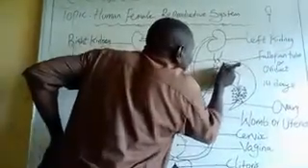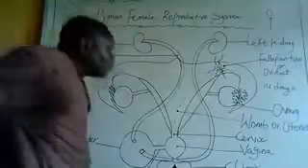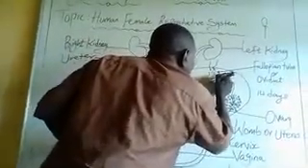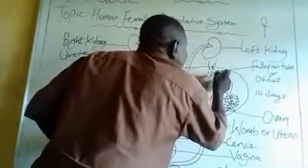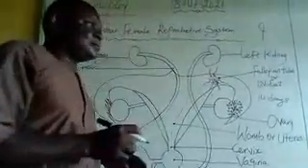The head of this sperm will enter and the tail will be cut off. It is the head of the sperm that will fertilize the egg.